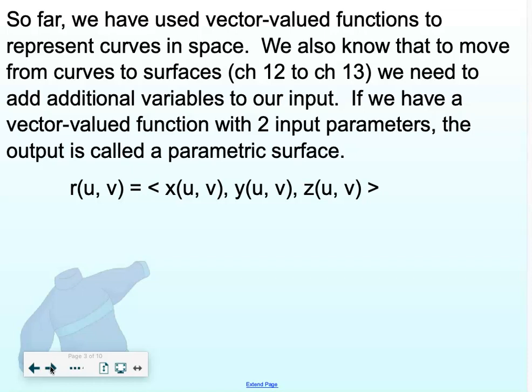So we're going to represent the shapes that we did in Chapter 13, when we started with f of x comma y, where z was a function of x and y. So z is a function of two variables. The only difference is that now our output is in vector form.